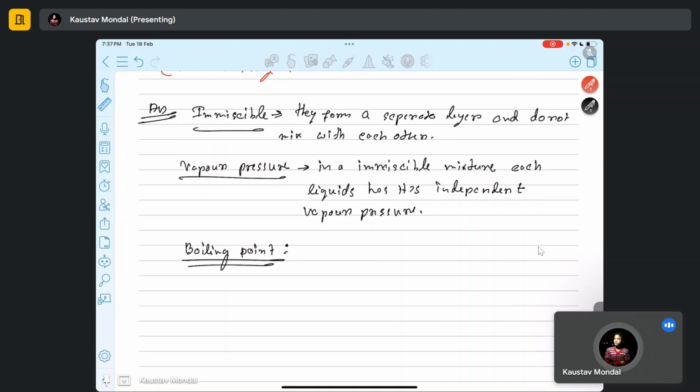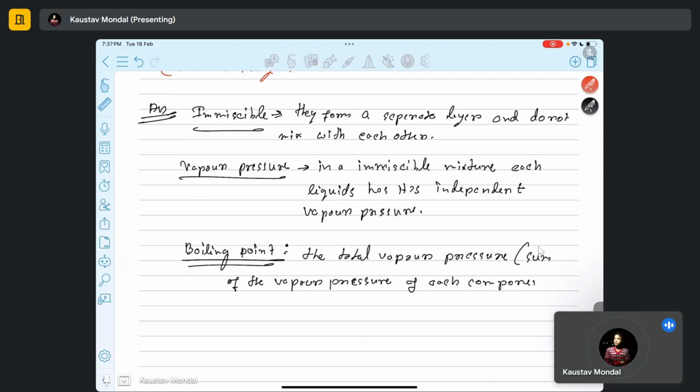Boiling point simply means the total vapor pressure, that means basically the sum of the vapor pressure of each component should equal the atmospheric pressure.